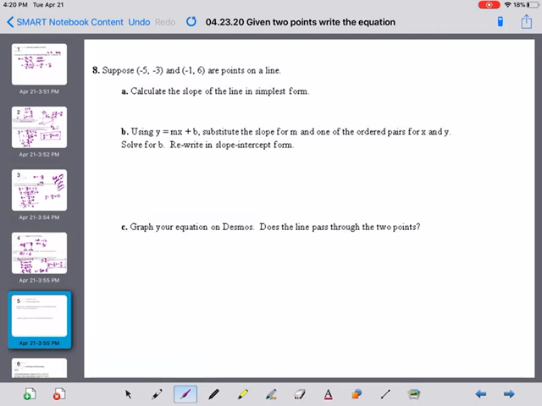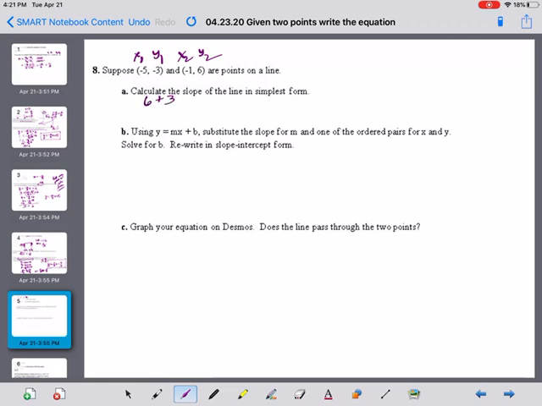Okay, here's another example. No picture this time. So let's just go through the steps. Slope first. So x1, y1, x2, y2. You don't have to write those, but if you're continually getting them wrong, that could be a reason that you're mixing up the x and the y.